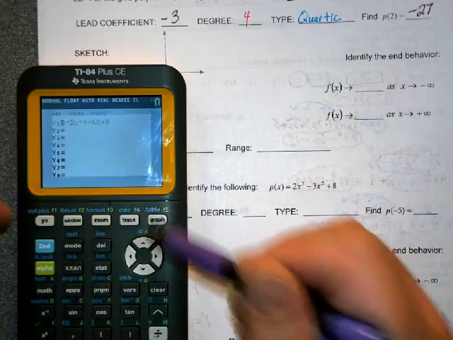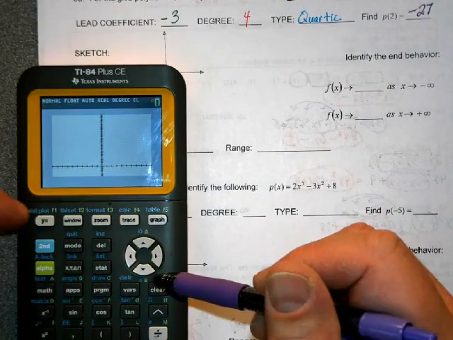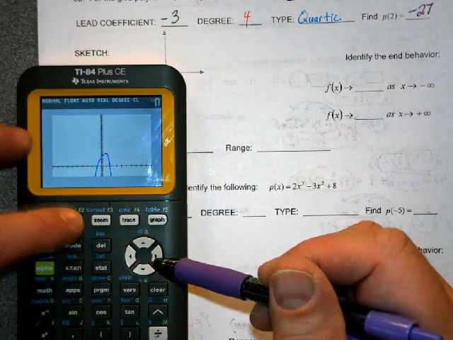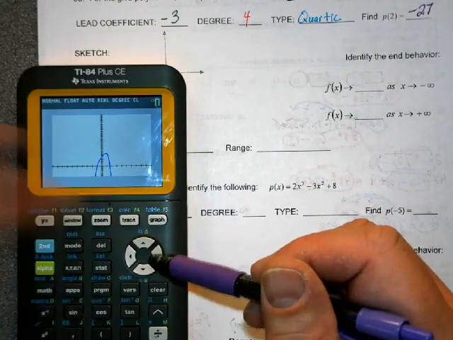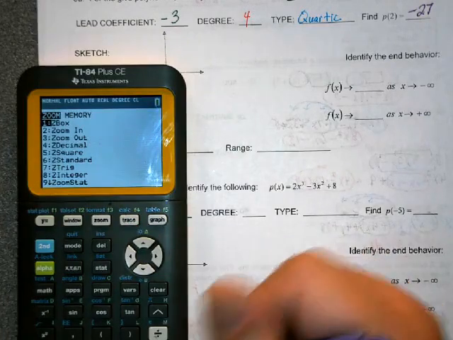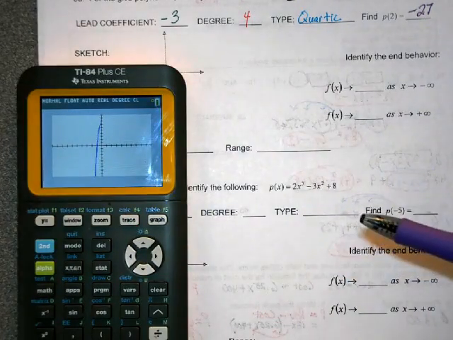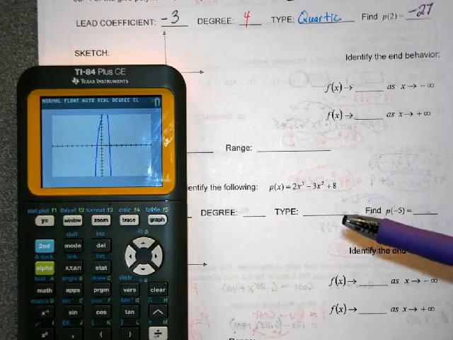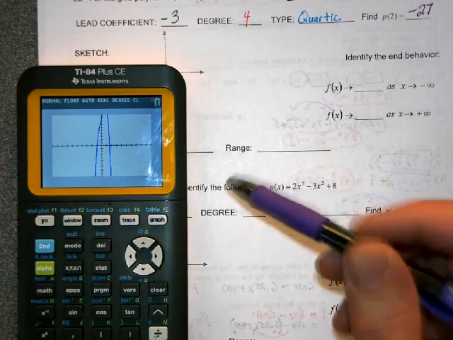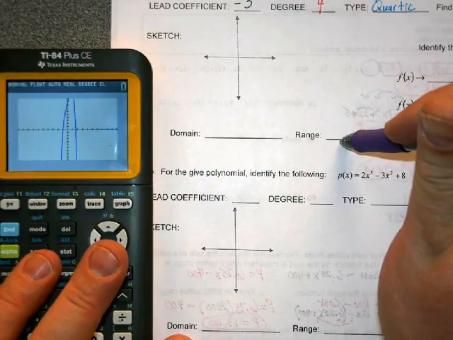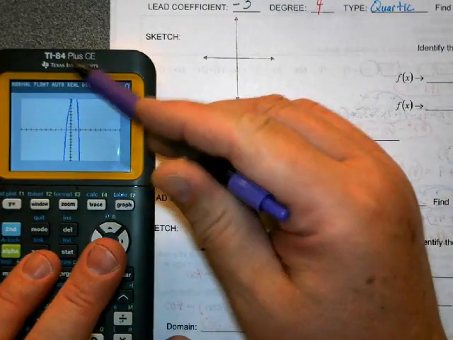Now you guys are going to get a different graph, okay? Unless they kept the window for you. You guys probably got something like this, right? So when we get to the range, remember we're going to have to get that maximum point, which is way up here. So that's why I'm going to go to the window.